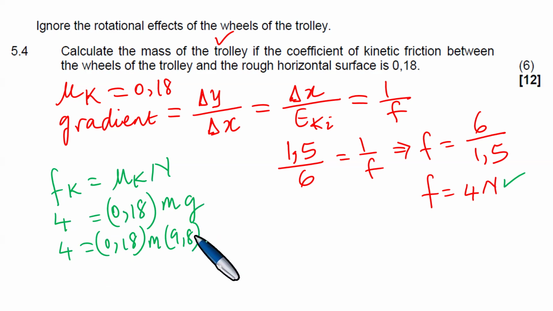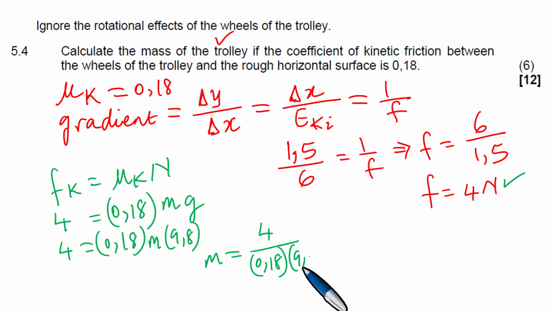But yeah, we're just leaving out the units. And therefore, this is 4 divided by 0,18 times 9,8. So yeah, you have that result there. Okay, so in the end, what you're getting is the following.